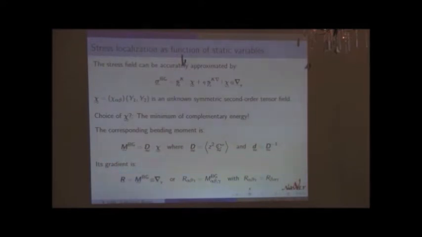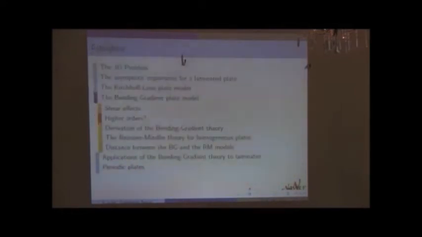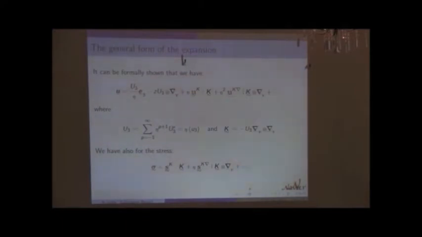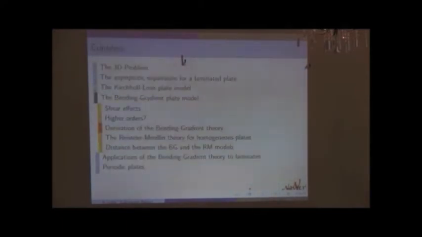Maybe. So I need to be a bit faster. Since I chose to work with the relevant stress localization and not with the displacement localization, I need to express this as a function of static variables and not kinematic variables.